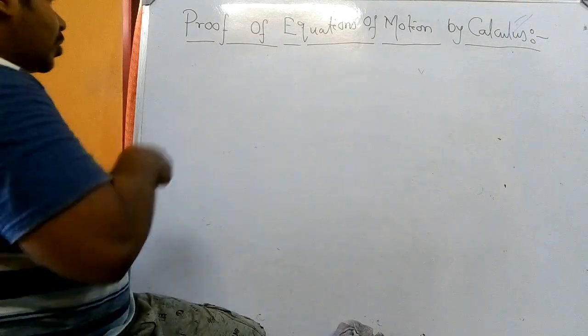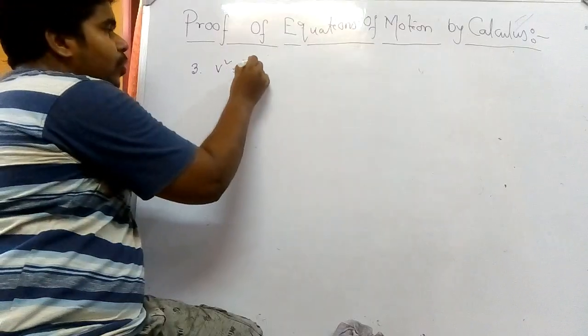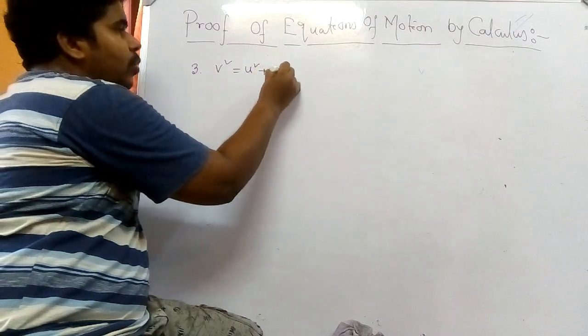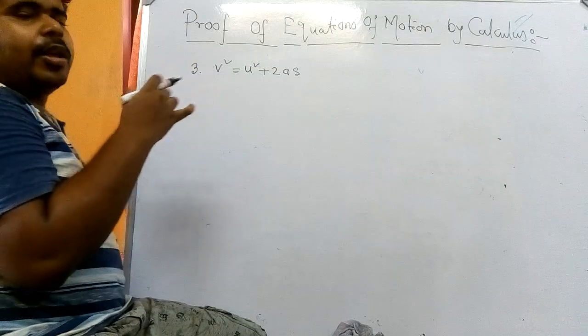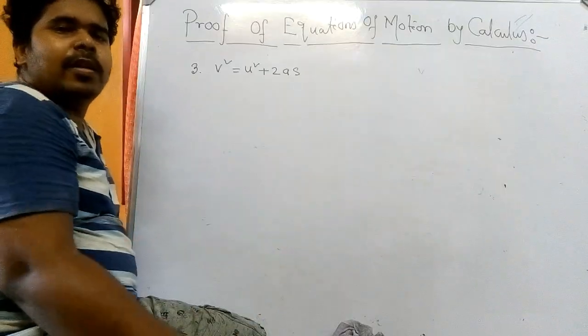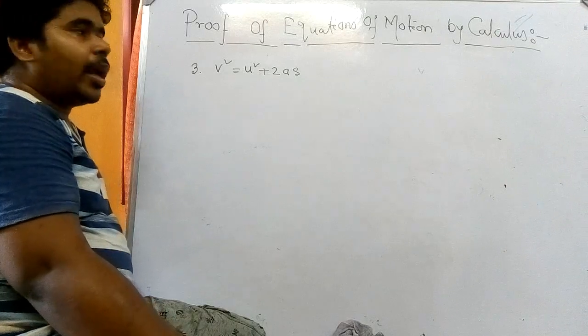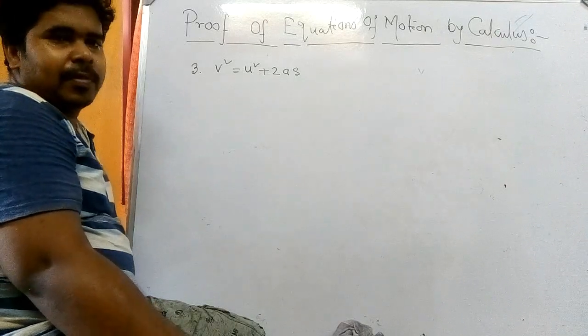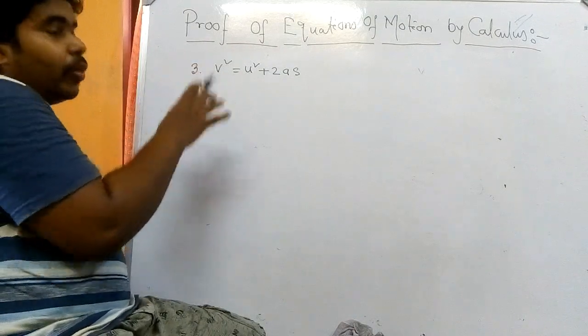We all know that the last equation is v square equals u square plus 2as. And now here you see no time is given, there is no time. Then how can we find the equation?